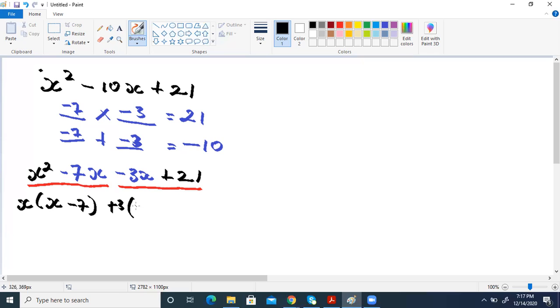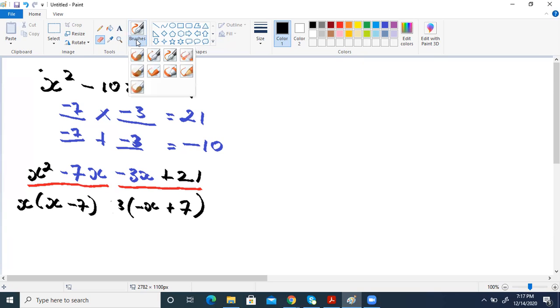You have to give me the sign: it gives you negative x. And then plus 3 into positive 21 gives you positive 7. So we're seeing that the brackets are not the same. The signs are not the same. So what that means is that you need to factor out the negative sign.